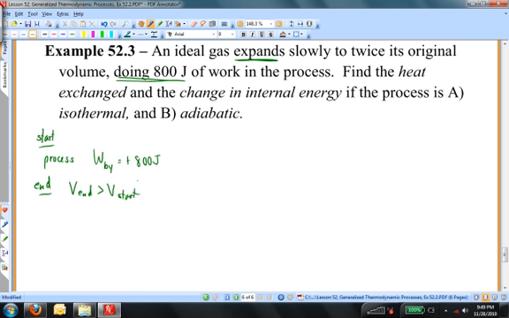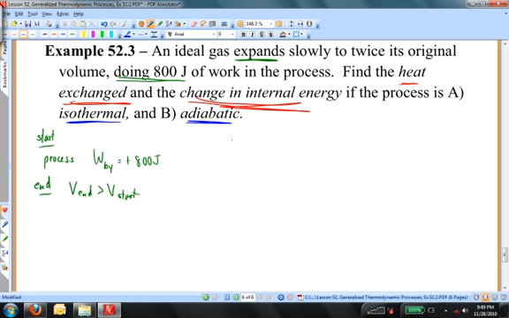Now, we're asked two questions. We're asked to find how much heat was exchanged during this process and what was the change in the internal energy. And we want to know it when the process is isothermal, so that's part A, and what it is if the process is adiabatic.